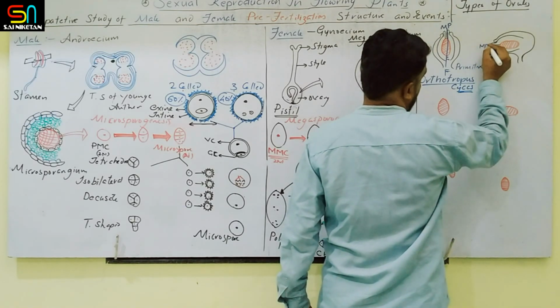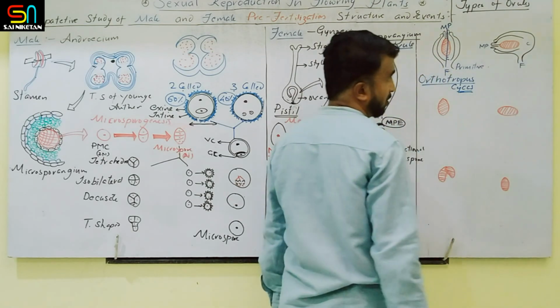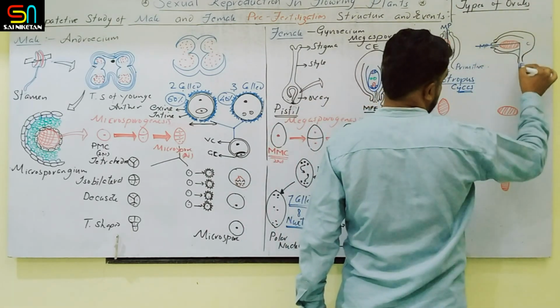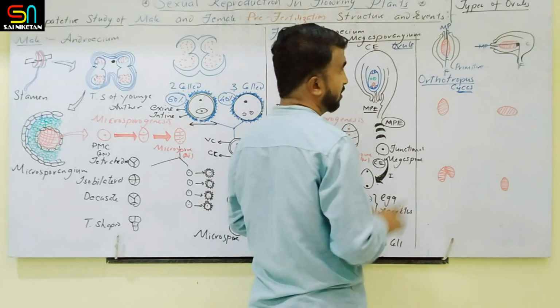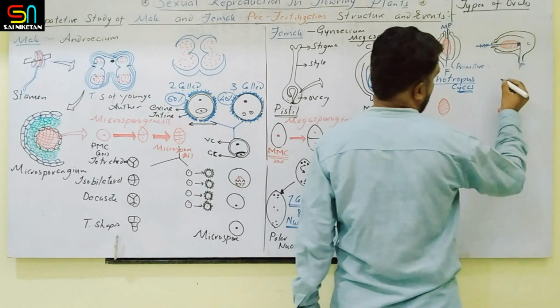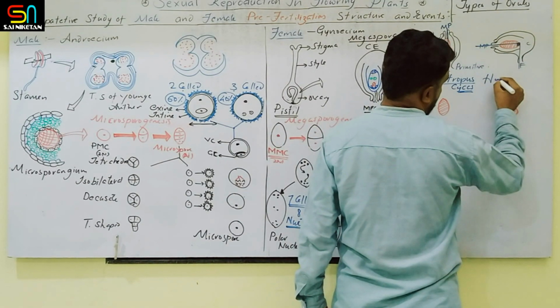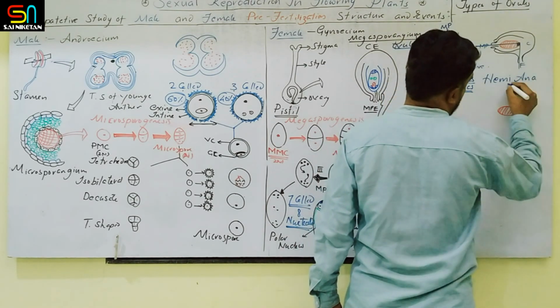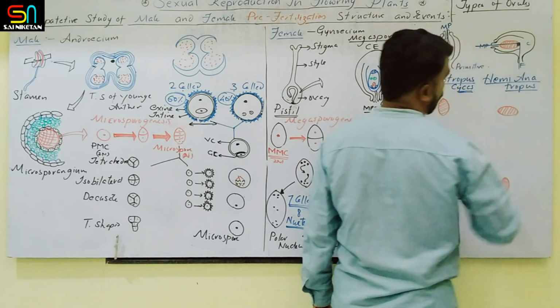This is the micropyle, this is the chalaza, this is the funicle. What is the angle between the micropyle and the funicle? That is almost 90 degrees due to the unilateral growth. This type of ovule is called a hemianatropous ovule or hemitropous ovule.